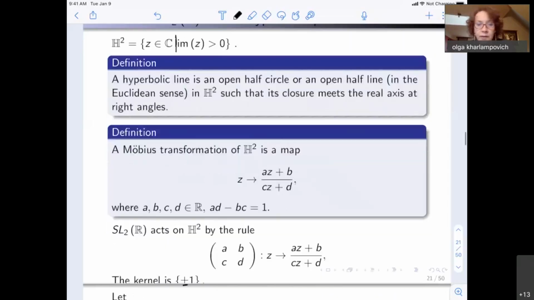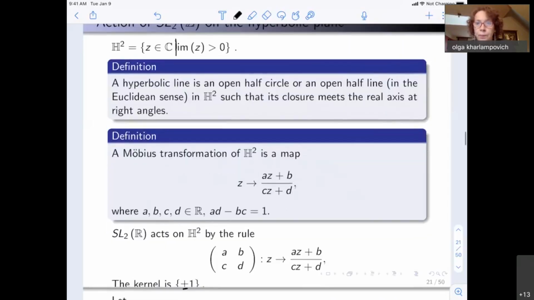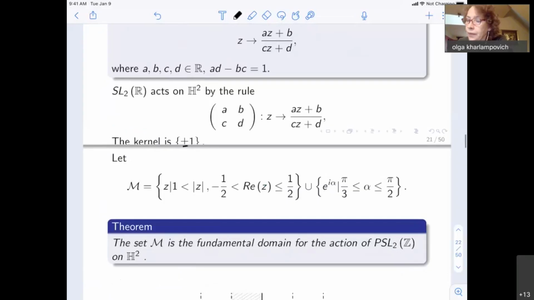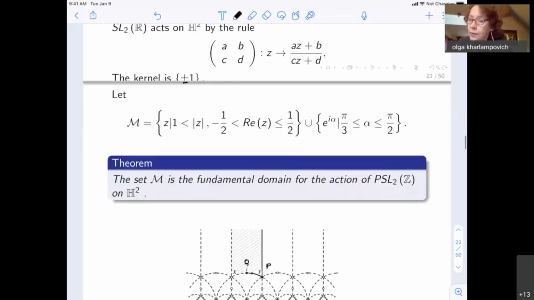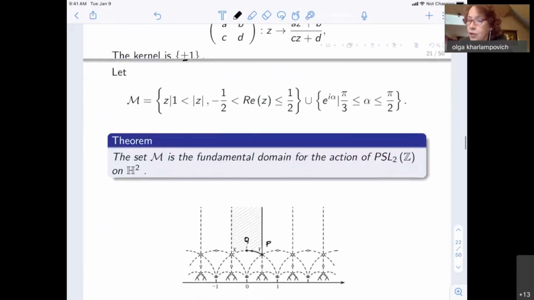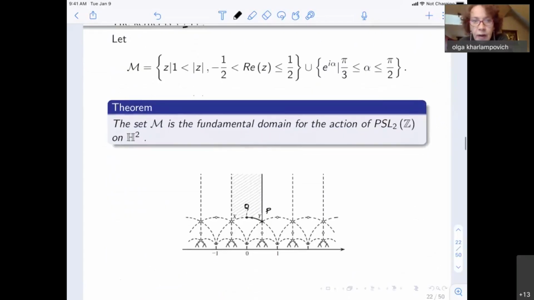The kernel of this action is plus or minus 1, so it is actually PSL2Z that acts faithfully this way. Now the fundamental domain for the action of PSL2Z is the following shaded region.